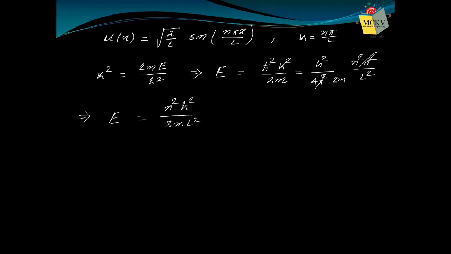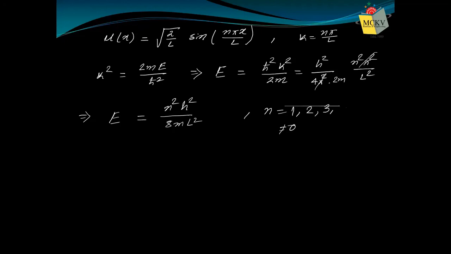But please understand one thing, that n can be 1, 2, 3, etc., not equal to 0, of course. For defined values of n, we actually have defined energy values, because all the other quantities are constant. h square by 8mL square is constant, so energy is changing as n is changing.